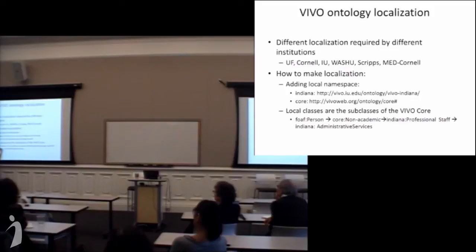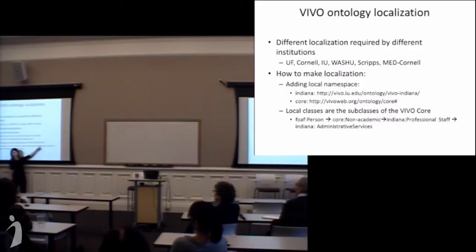For instance, this is the top class called person, friend of a friend Person. It has a subclass from the core ontology called non-academic, and then the core ontology stops. You can further extend using your own namespace, saying professional staff is a subclass of non-academic, and then administrative service is a subclass of professional staff.